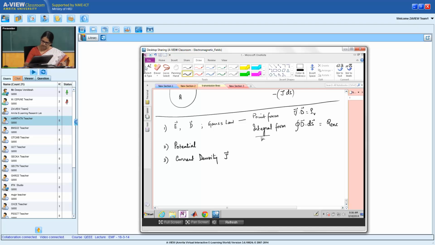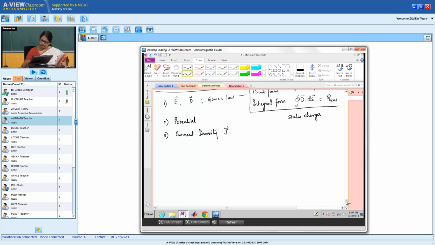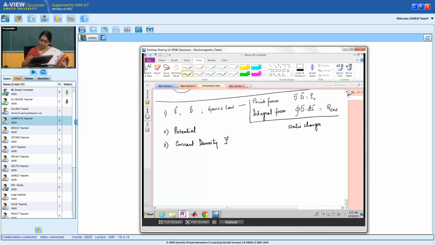Now, using this idea of Gauss law, which is purely for static charges, meaning charges that are stationary, the next logical step would be to do the next Maxwell's equation.